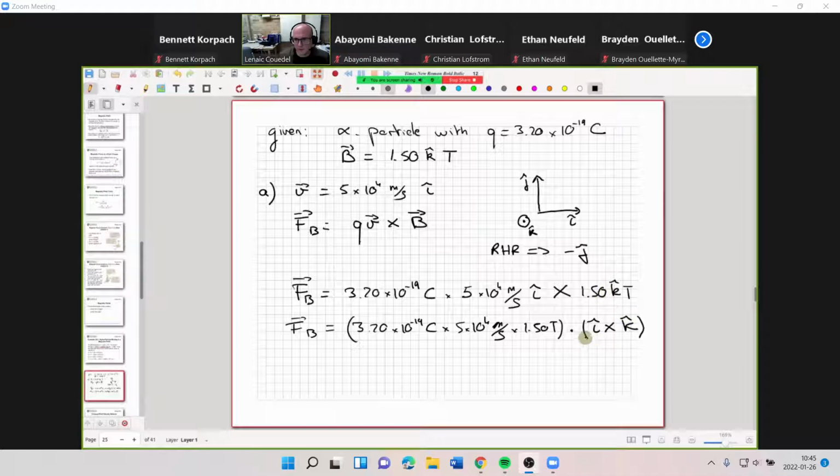With the right-hand rule, you immediately know this gives you minus J hat. So if you do the calculation, you end up with F_B equal to minus 2.40 10 to the minus 14 J hat Newton. Is it clear for everyone?